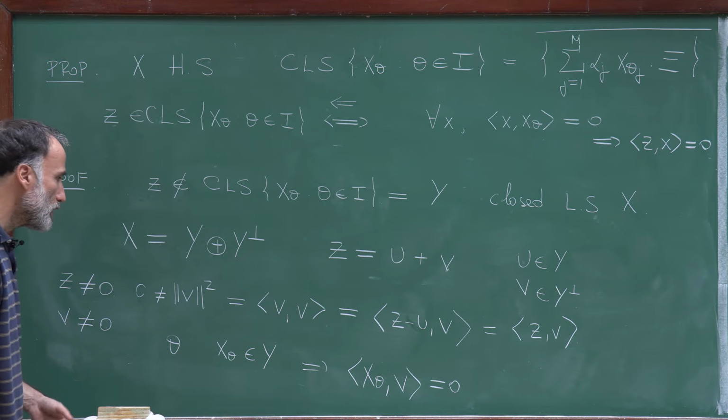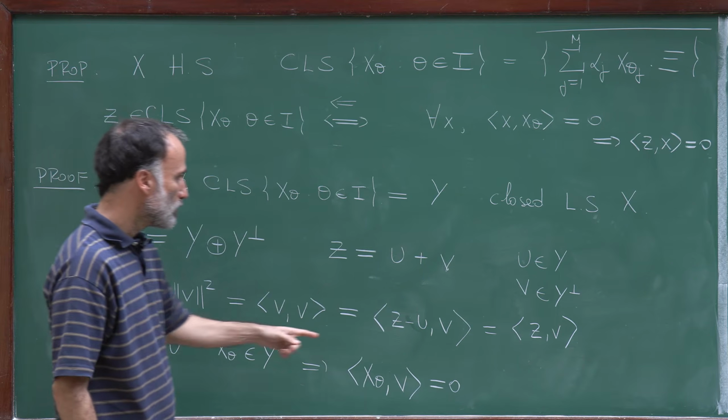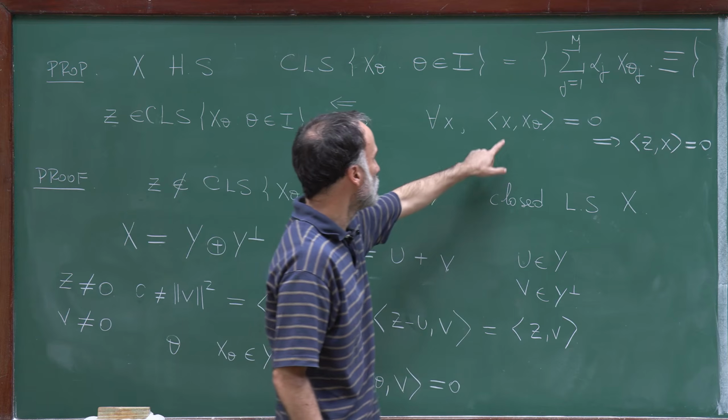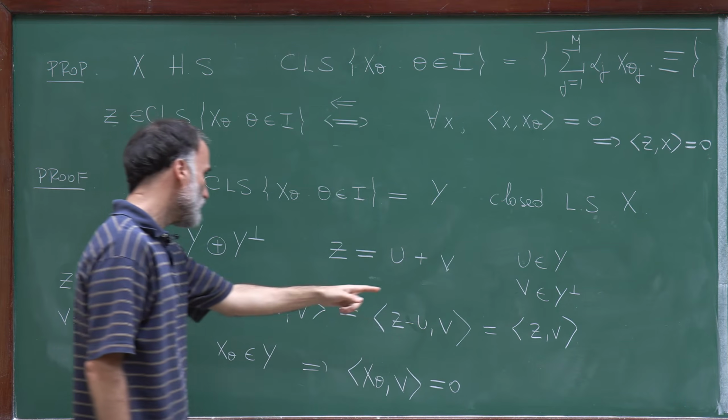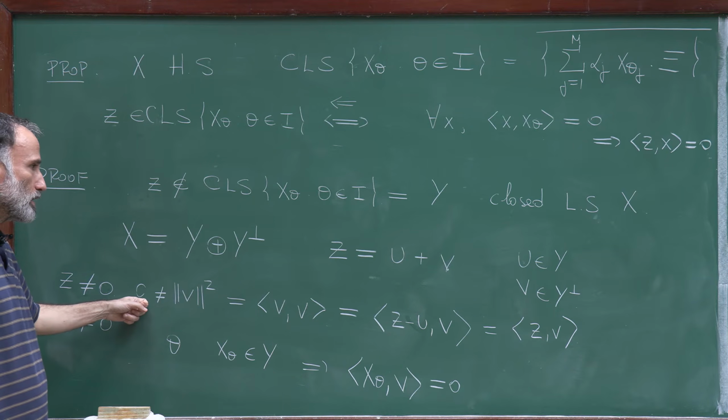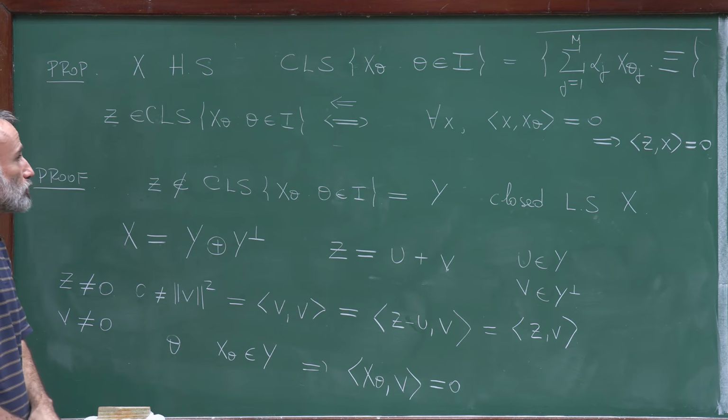So in this way, I constructed an element V which is orthogonal to all x_theta, but V is not orthogonal to Z because we showed that the scalar product is not equal to 0.